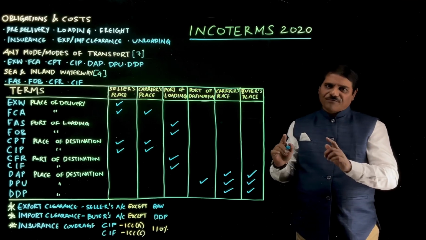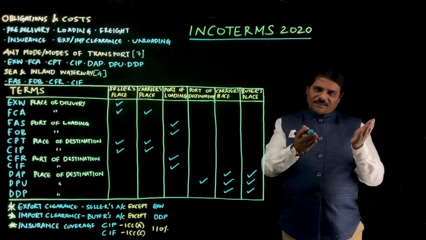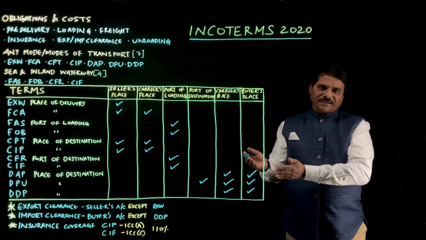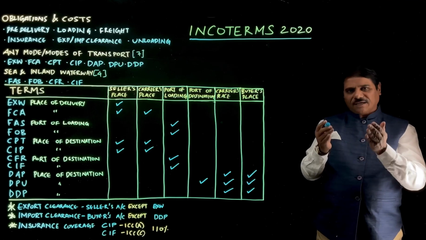So if you are shipping a full container load, you can get the empty container to your factory and stuff the goods and deliver to the shipping company at container yard.